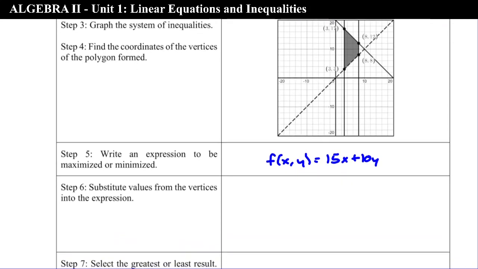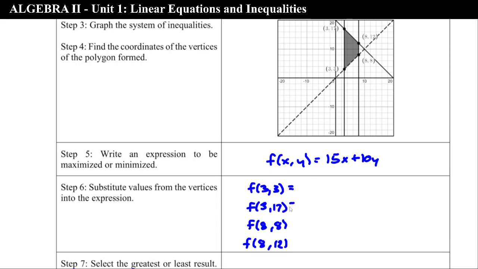Now that we have the objective function, we've got our coordinates. Let's put them all in. So we have f of (3, 3), f of (3, 17), f of (8, 8), and these are just coming off of those corner points on your graph. We have f of (8, 12).